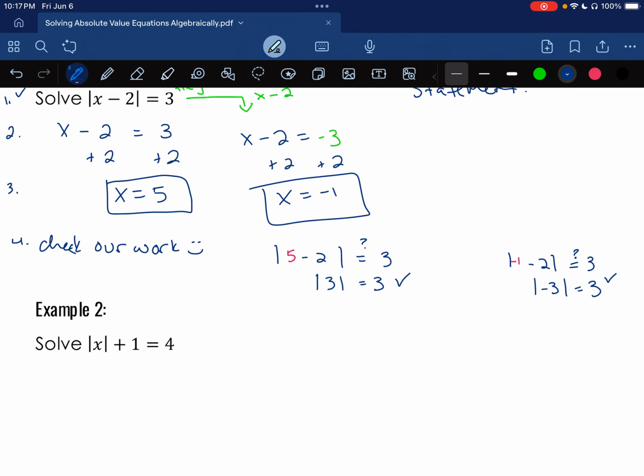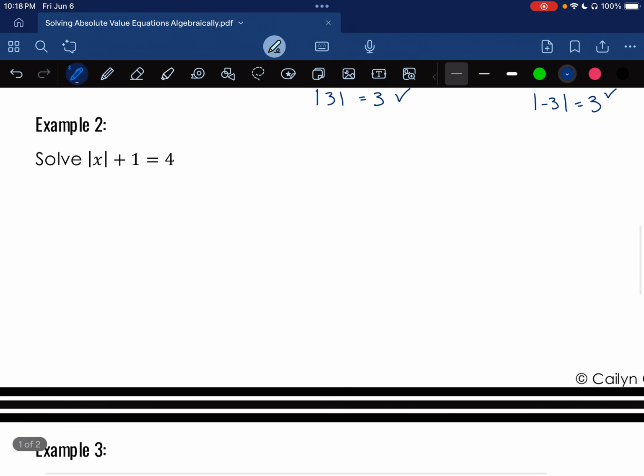All right, so example 2, we are going to go ahead and solve this guy here. First thing though, we got to isolate the absolute value. So we can subtract 1 from both sides. So I got the absolute value of x is equal to 3. All right, so really 2 and 3 are going to kind of go together here because when I go to set up the related equations, they're already solved for here, right?